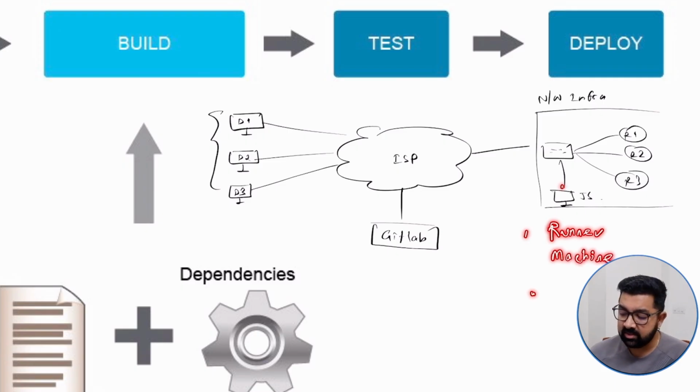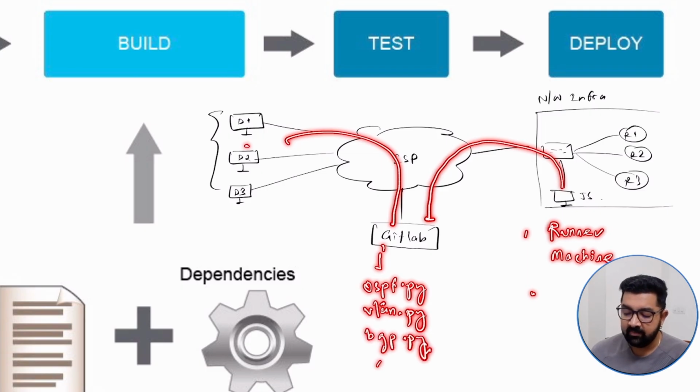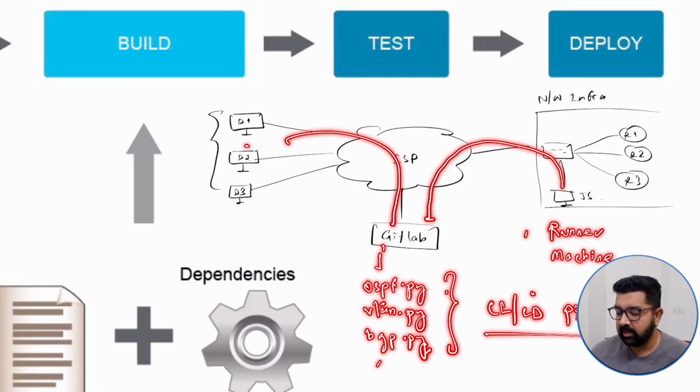Now, when I register this jump server in the GitLab server as a runner machine, then whatever public repository I uploaded, where I had ospf.py, vlan.py, and bgp.py available, I will write down a CI/CD pipeline file, which will contain the instructions of how this particular file needs to be executed.